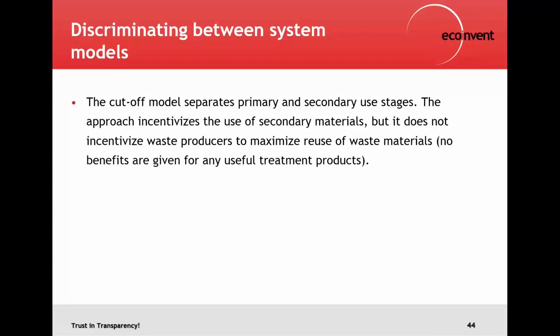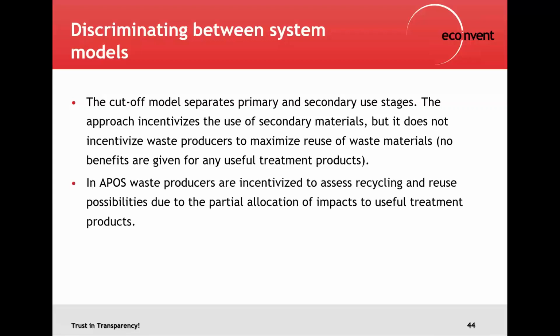You will be incentivizing the use of secondary materials, and you will not be taking into account whether the treatment of the waste materials in the system is being done with an approach that maximizes the reuse of waste materials, or with maybe innovative technologies that are contributing with new products to the value chain.